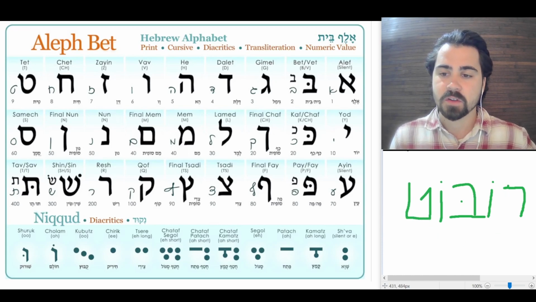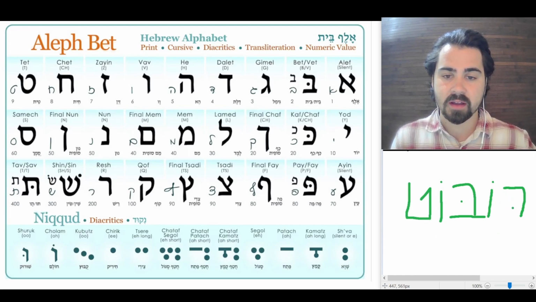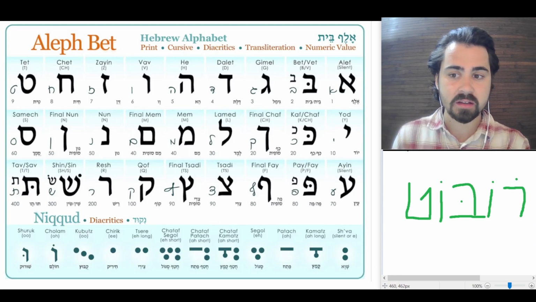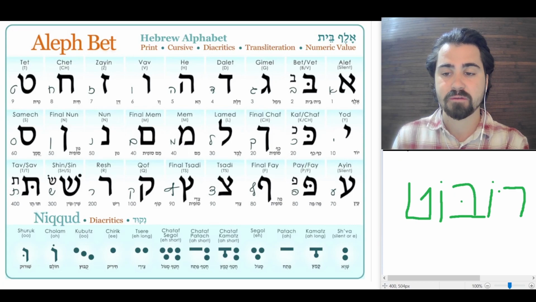Okay, so we have this first letter, resh, r, without anything. We just say r, and we keep going, and we see that the next letter is actually a vowel. Perfect. This letter is o, the vav letter with a dot on top, o.